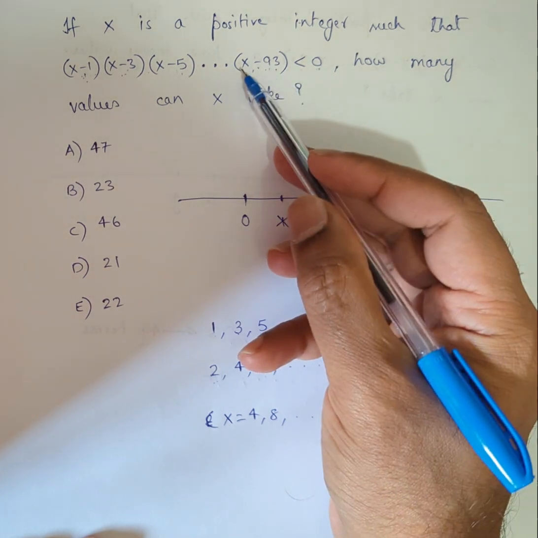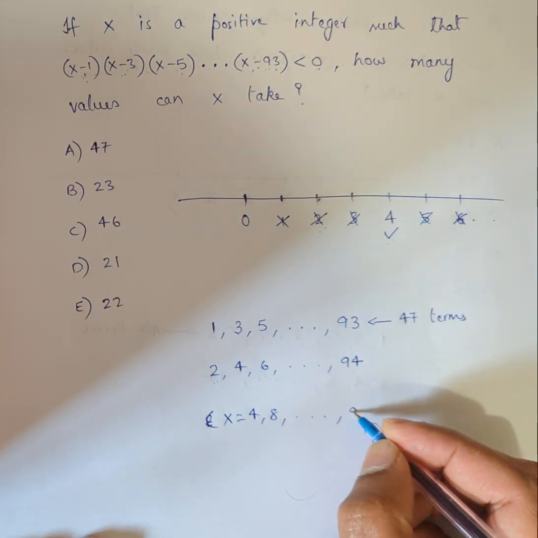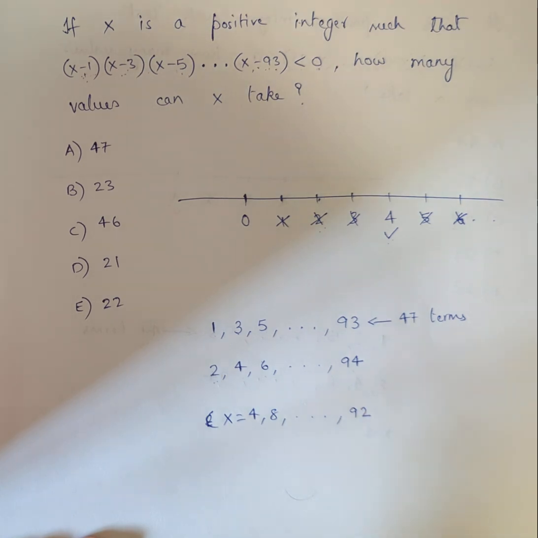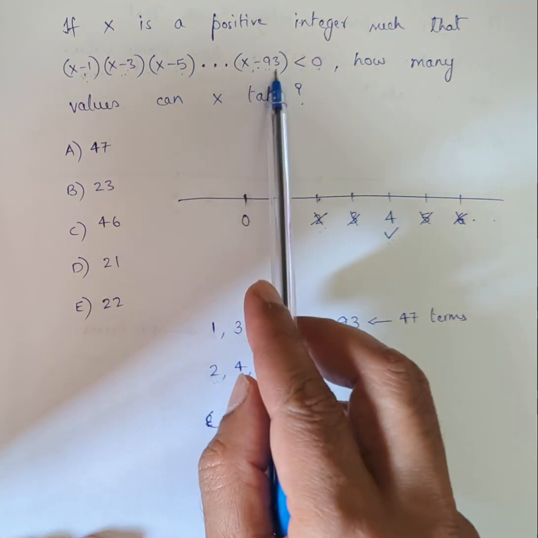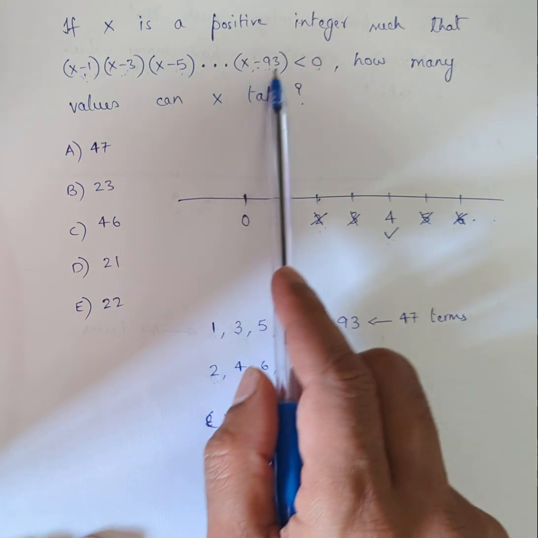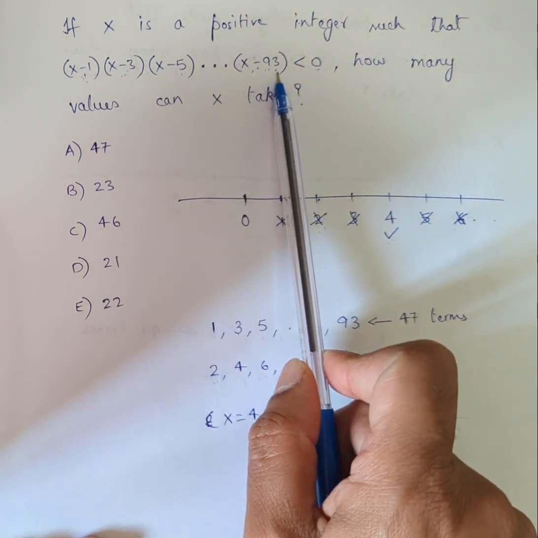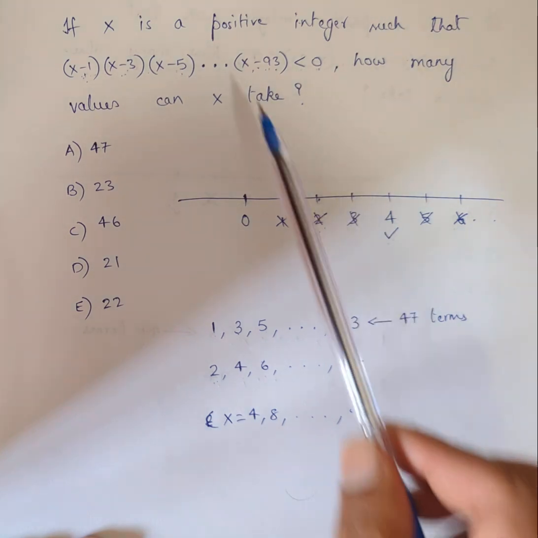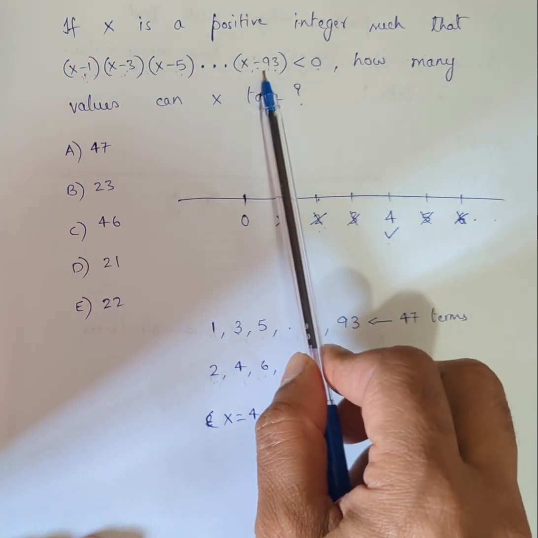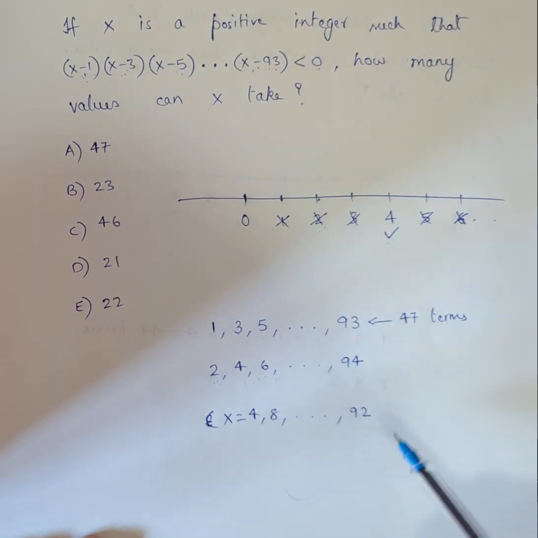I can go up to 92. Now, if you plug anything more than 93, all of these are going to be positive, which means you're not going to have any negative factor. So we want to stay less than 93, which means we want to stop at 92. So these are the values x can take.